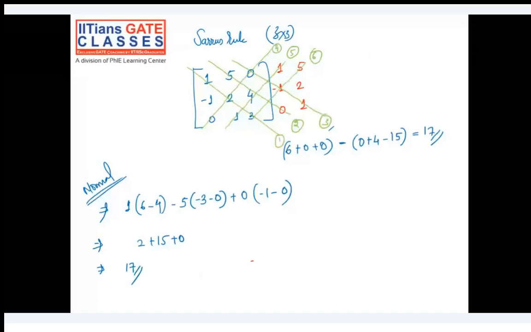Okay, write down heading: properties of determinants.